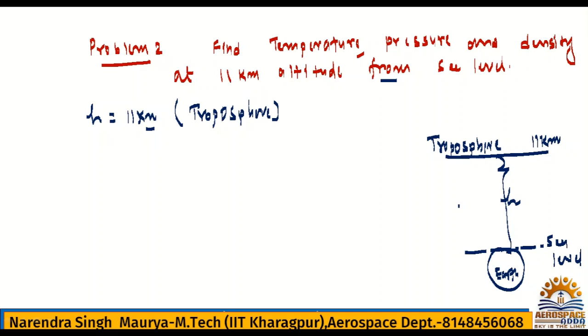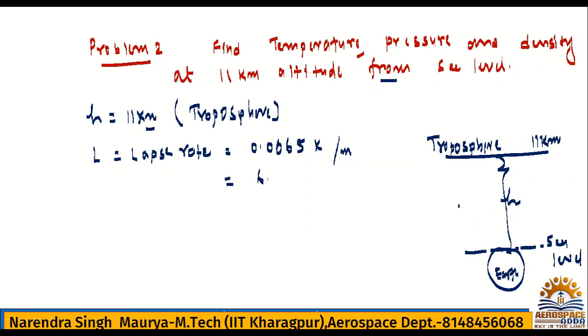So in the troposphere, you know the data. What is the lapse rate in the troposphere? It is 0.0065 Kelvin per meter, or you can write 6.5 Kelvin per kilometer.